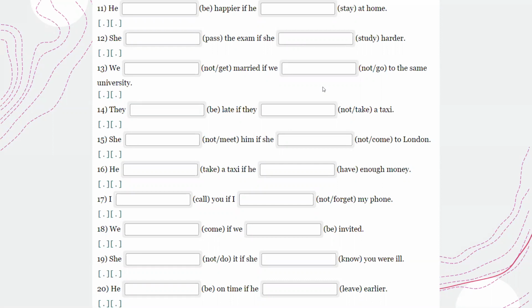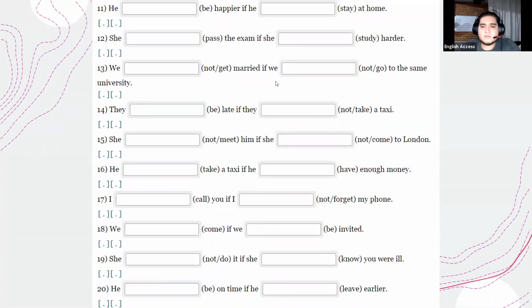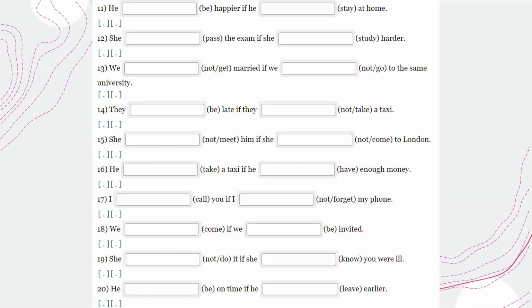Teacher, isn't the exercise the same as the second conditional? No, no, it's different. Okay, I was confused.